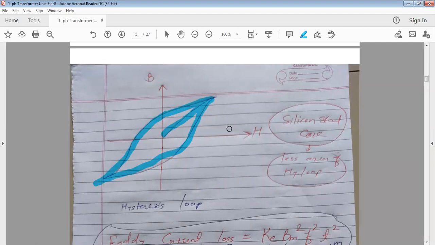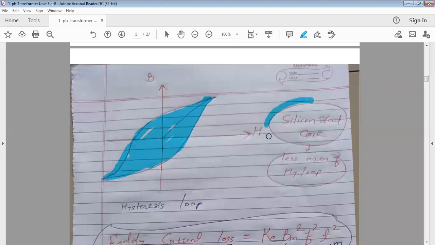The area under this hysteresis loop is equivalent to the hysteresis loss for that material. You will find less area for silicon steel. The lesser the area, the lesser the hysteresis loss.